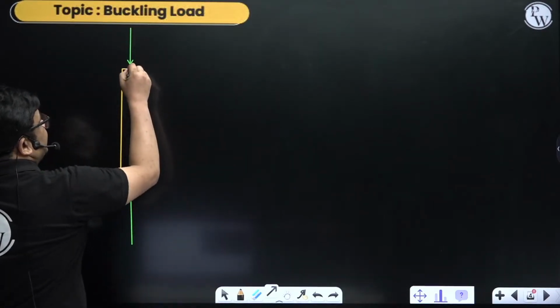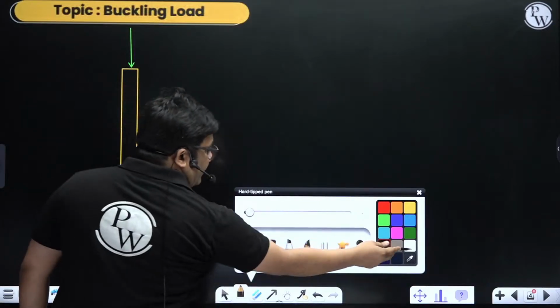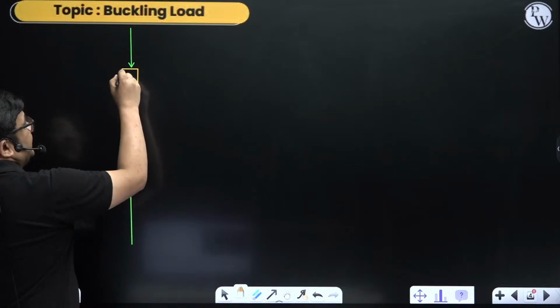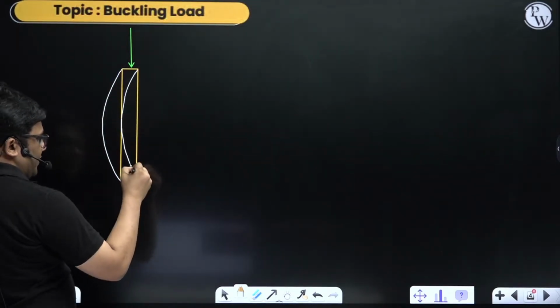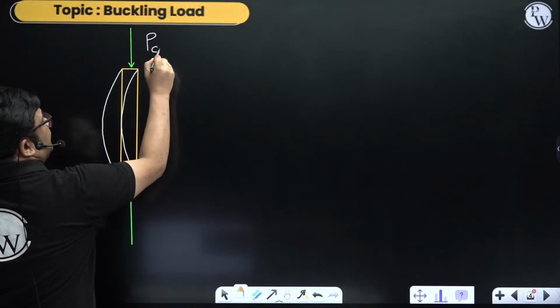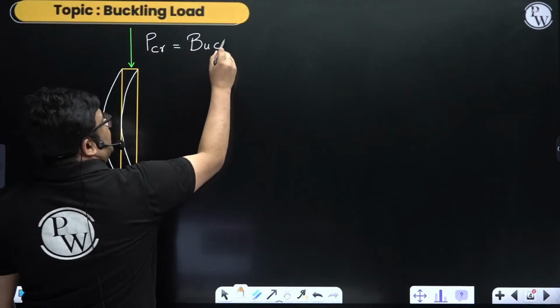Since they are subjected to axial compression, there is the possibility of buckling. The load which is responsible for buckling is known as the buckling load or critical load.